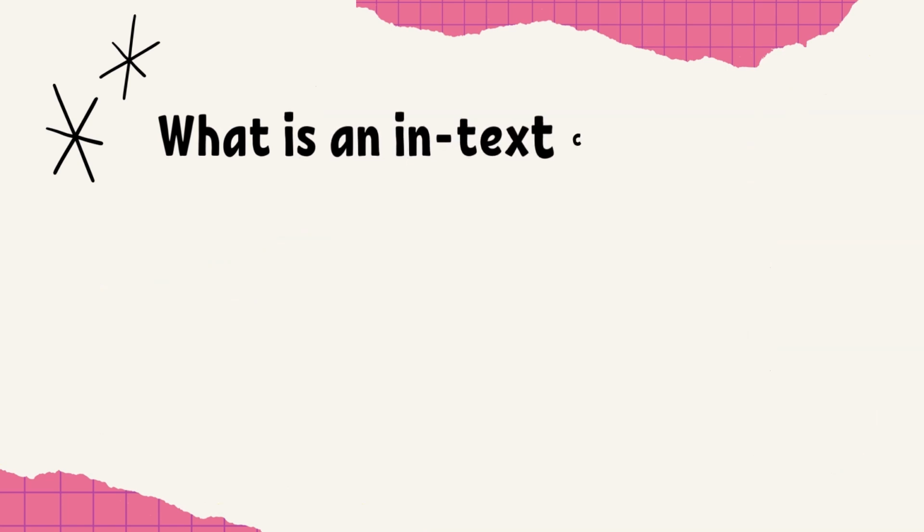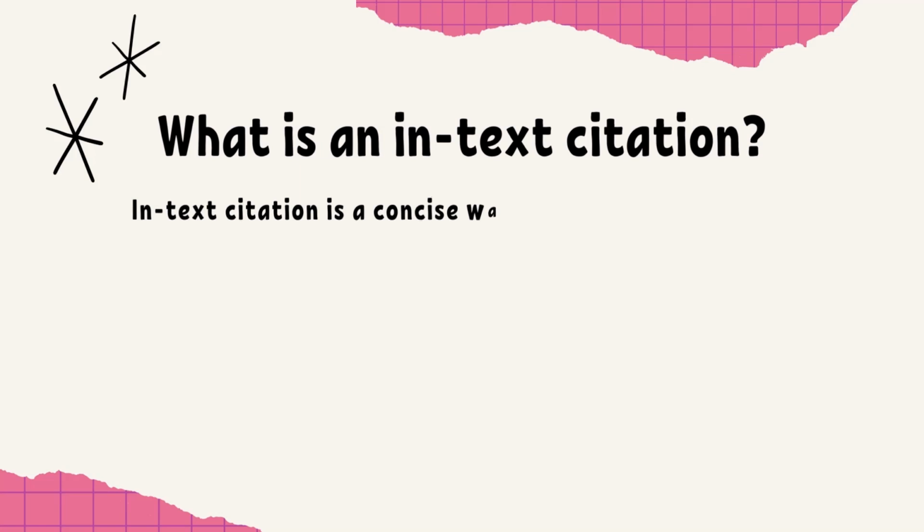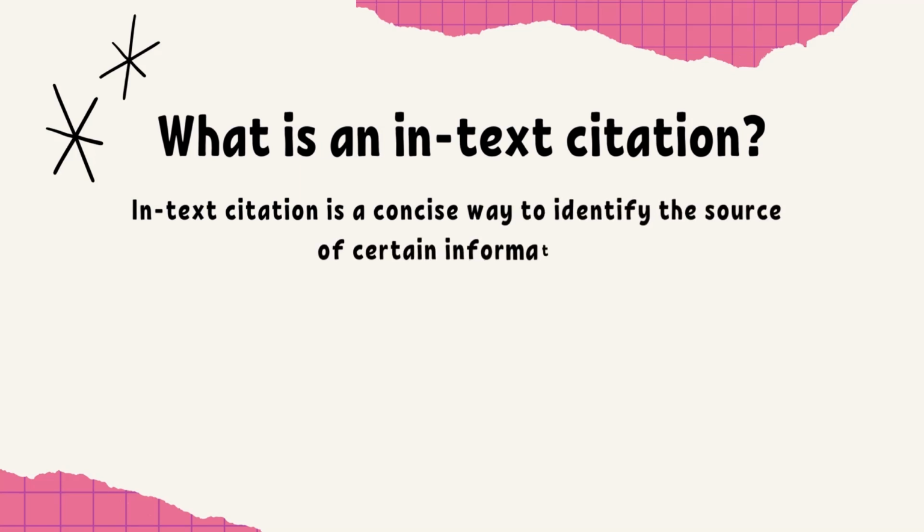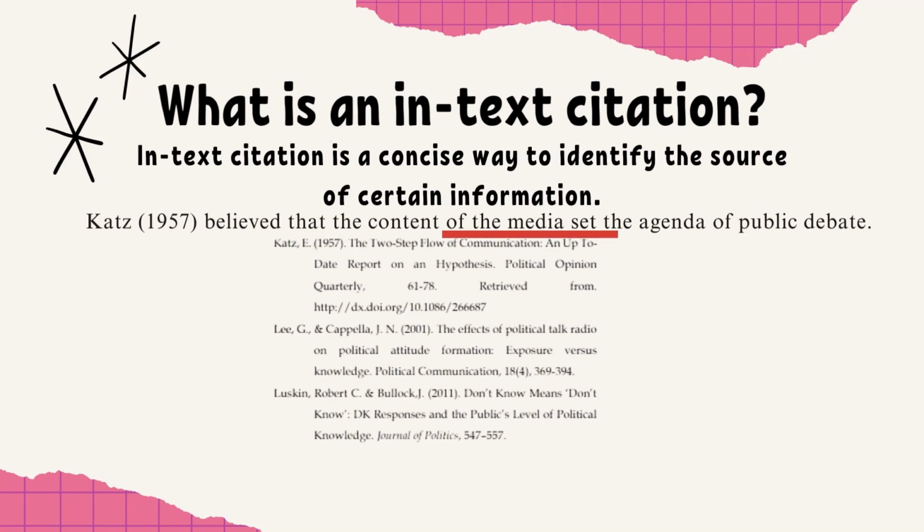What is an in-text citation? An in-text citation is a concise way to identify the source of certain information. It helps the reader locate the sources of these citations in the reference list at the end of your study.